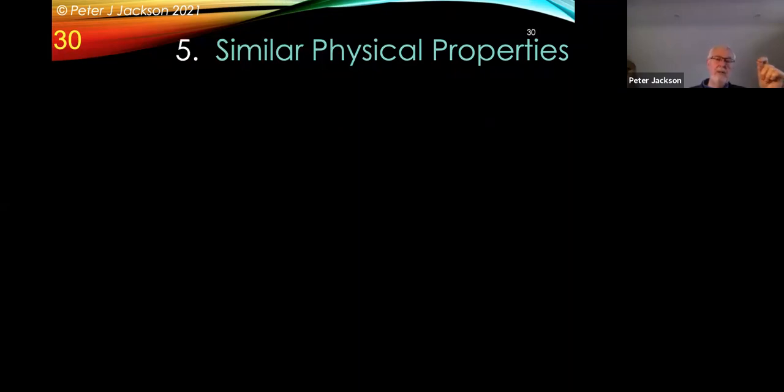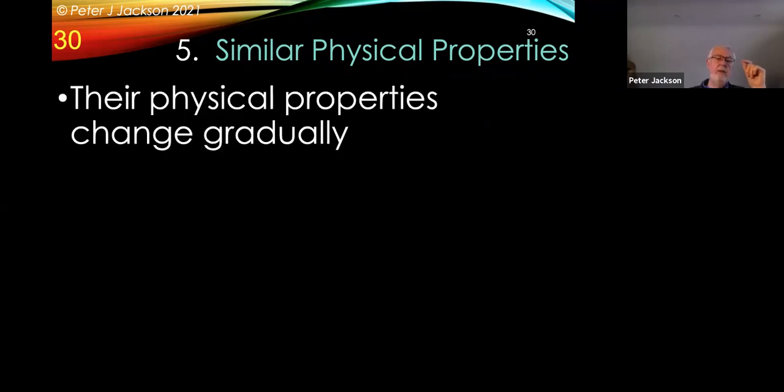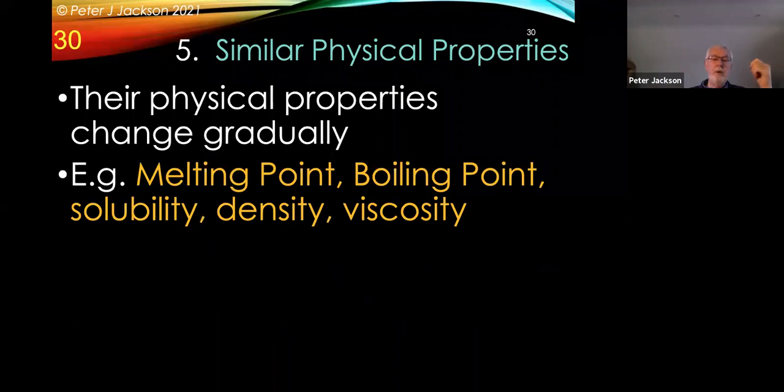Point number 5, they have similar physical properties. Their physical properties change gradually also in line with the length of the carbon chain. Their melting points, their boiling points, their solubility, their density, and their viscosity. Do you know what viscosity is? Viscosity is thickness. For example, water is not viscous. It's very thin.